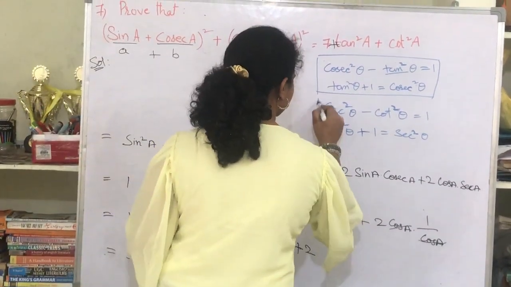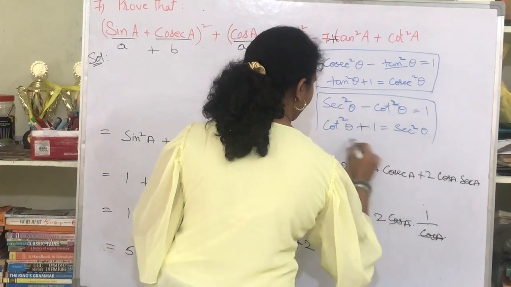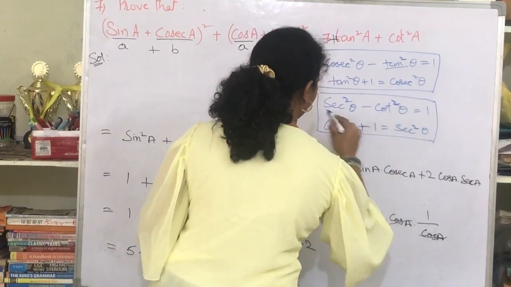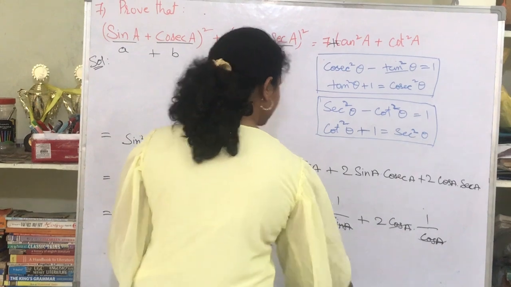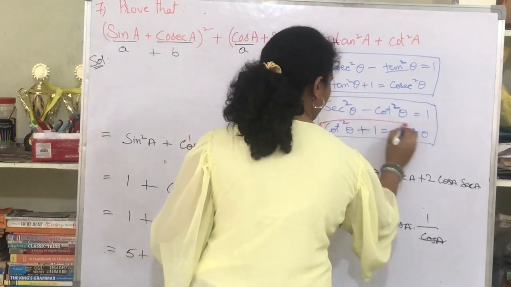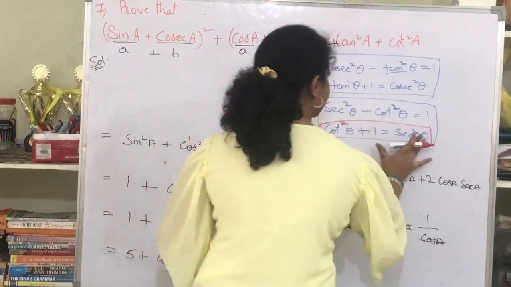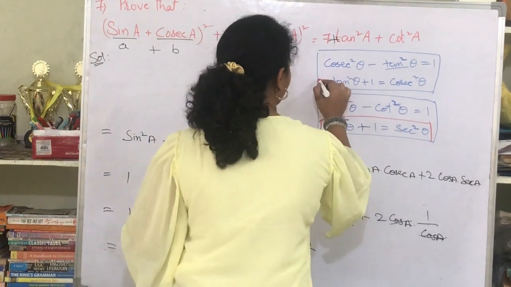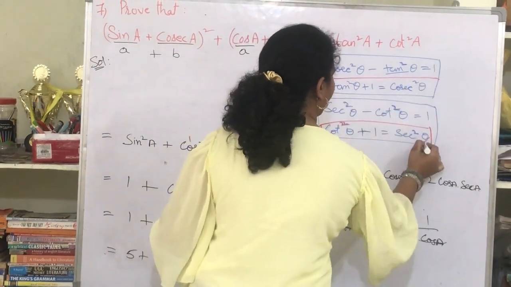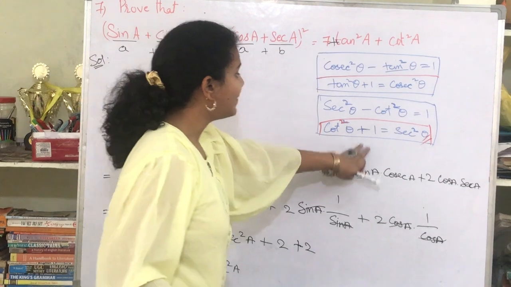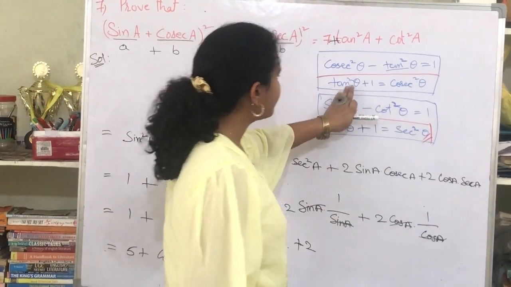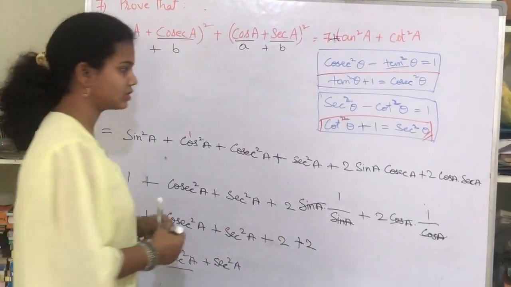Now just consider this, guys. Where cot square theta plus 1 equals secant square theta, and tan square theta plus 1 equals cosecant square theta.